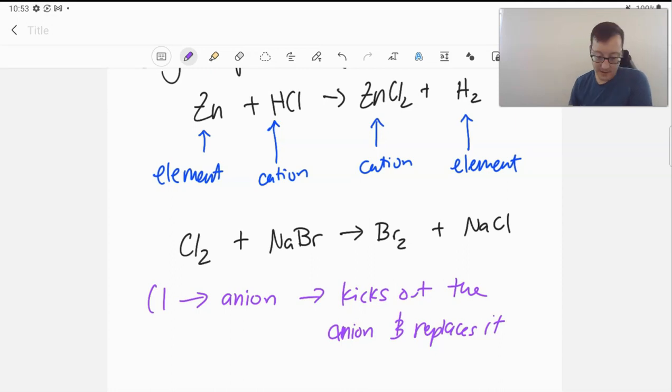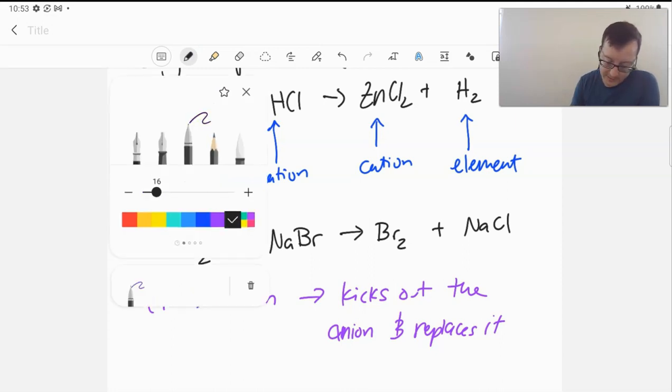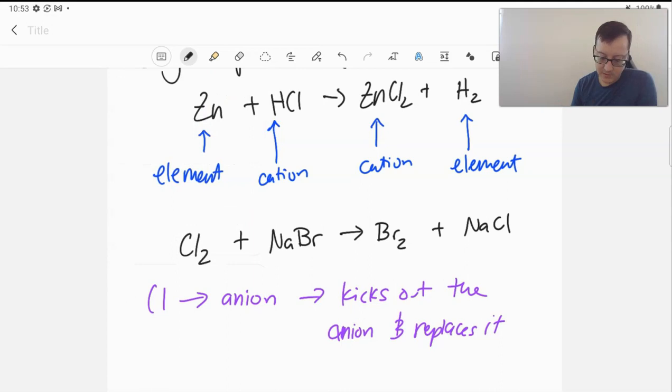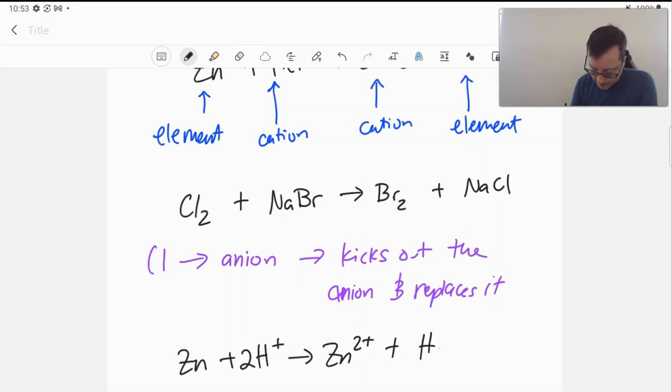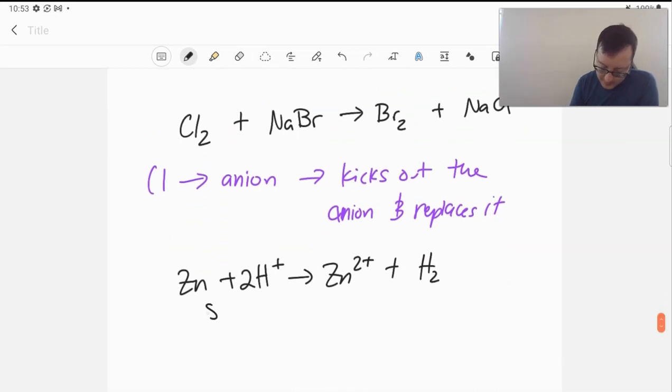We can tell, by the way, if we look at the net ionic equation for that first reaction, go ahead, pause the video and do it. All right, you should see for the net ionic equation, if you've balanced it, it gives you the following. You have solid zinc. By the way, metals, of course, are generally solid at room temperature.